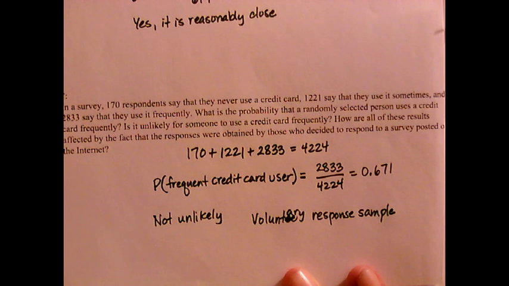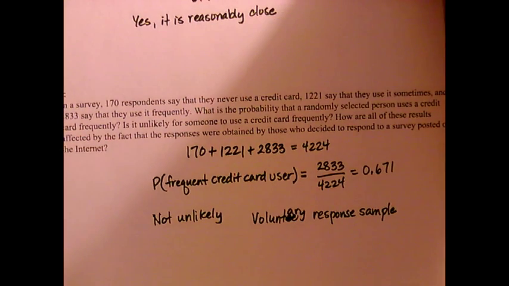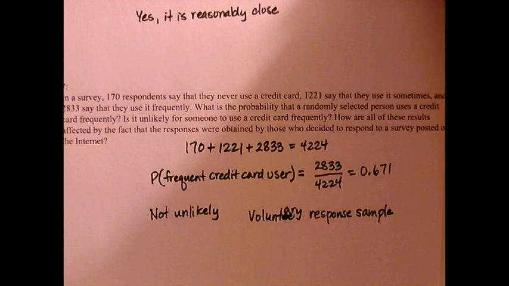So here, avoid voluntary response samples, because you're only going to get the responses from those who choose to respond on the internet, because it's not going to be the same. It's not going to be representative of everyone in that survey. Okay, so stay away from voluntary response samples.